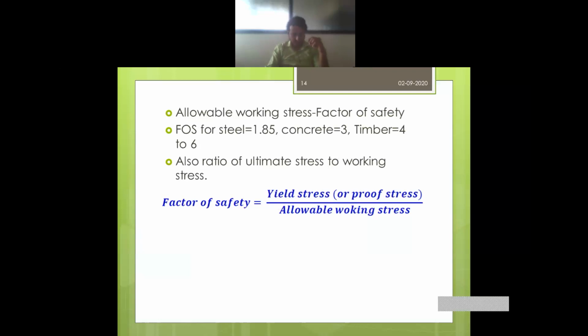We should further understand with an equation here. You can see that factor of safety is equal to yield stress divided by allowable working stress. See, this allowable working stress means the stress which is caused by this material. Whether this stress is within the limit or not within the limit, that we have to calculate.